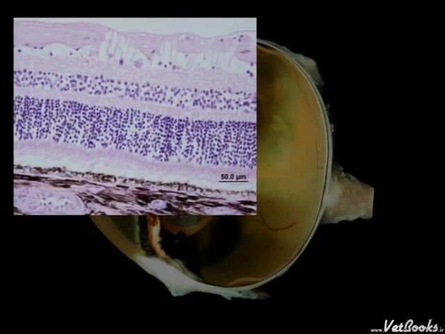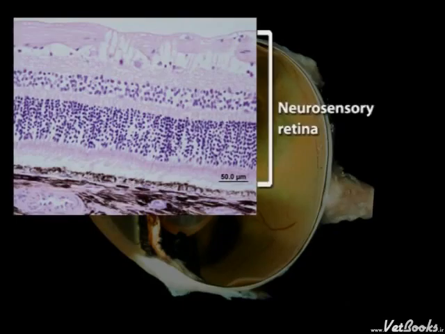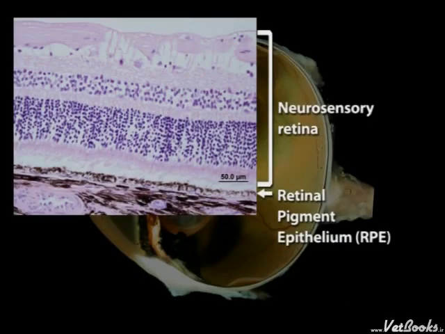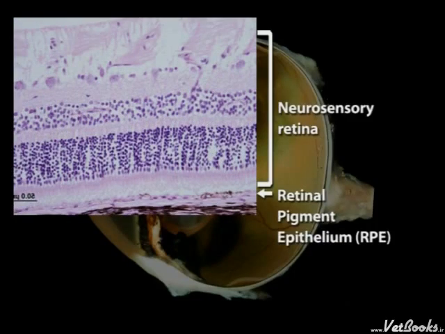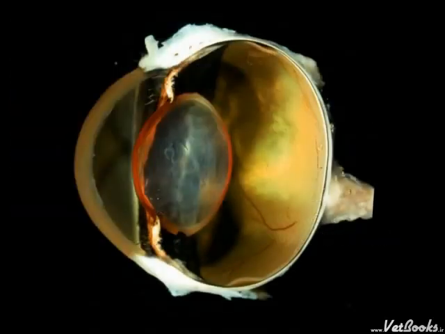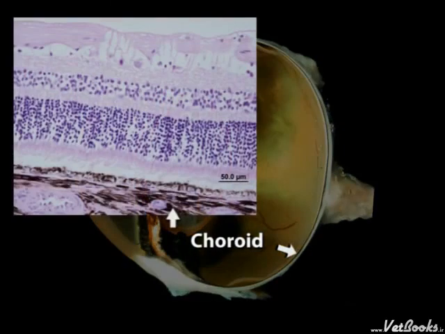The retina consists of a neurosensory component, which contains the photoreceptors, and the retinal pigment epithelium, or RPE. In the tapetal fundus, the RPE is unpigmented, allowing light to reach the tapetum. Underneath the retina is the choroid. This highly vascular layer makes up the posterior component of the uveal tract.